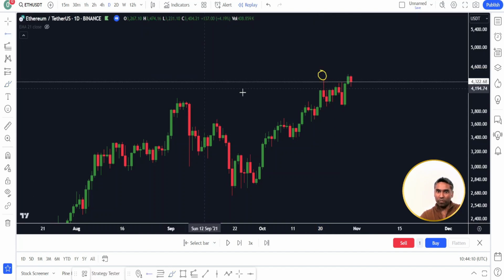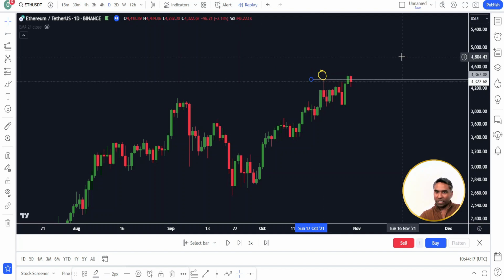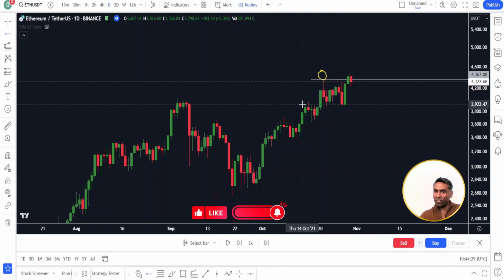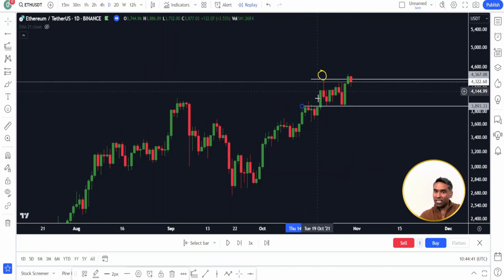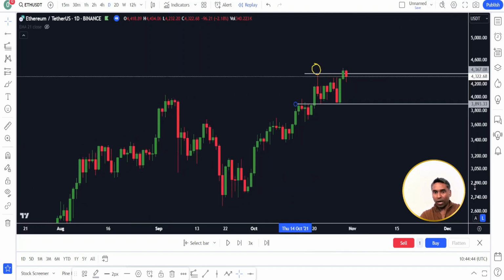So what we will do, we will draw a line right on the top of this wick, and this will be our resistance level. And what we will do, then we will try to find the low of this recent move, and then we will draw a line there. So this was the most recent low of this move. So what I will do, I will draw a line here which will cross, and it's good thing that it's crossing the previous high also. So now these are my levels.